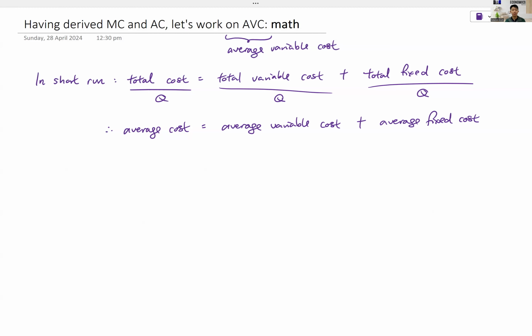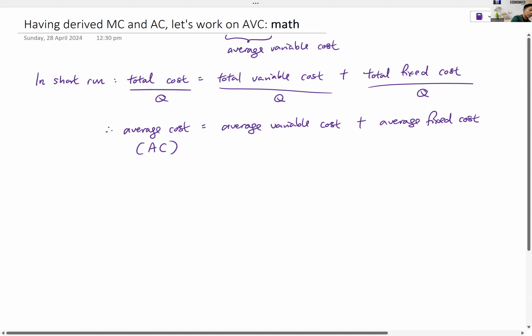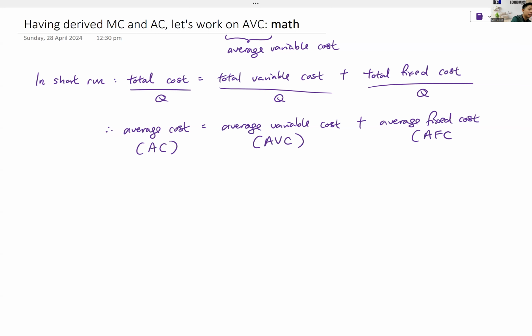Just divide by quantity, total output, then everything becomes average. So AC is AVC plus AFC.